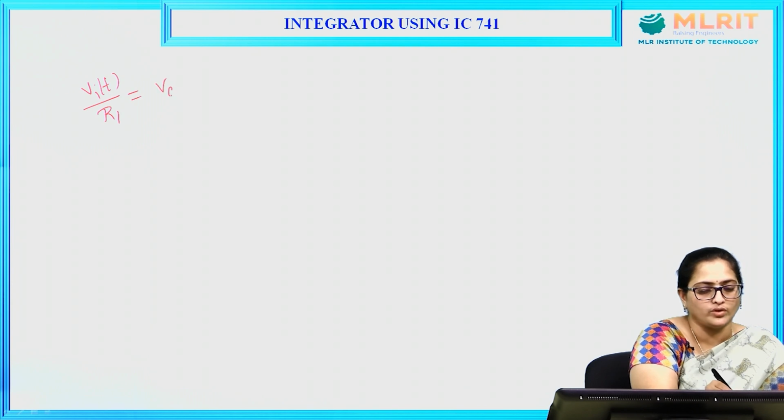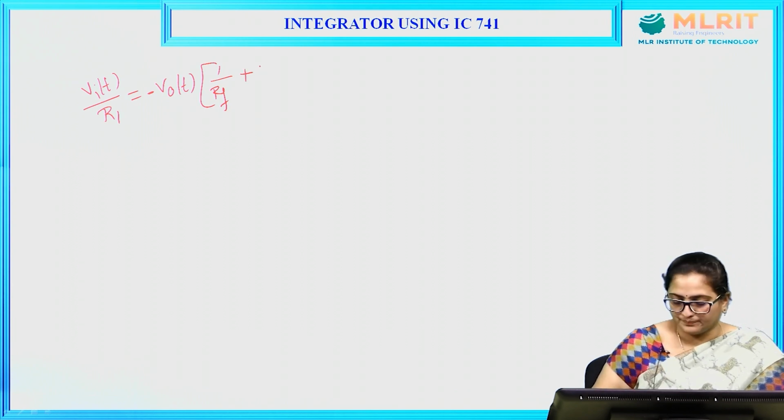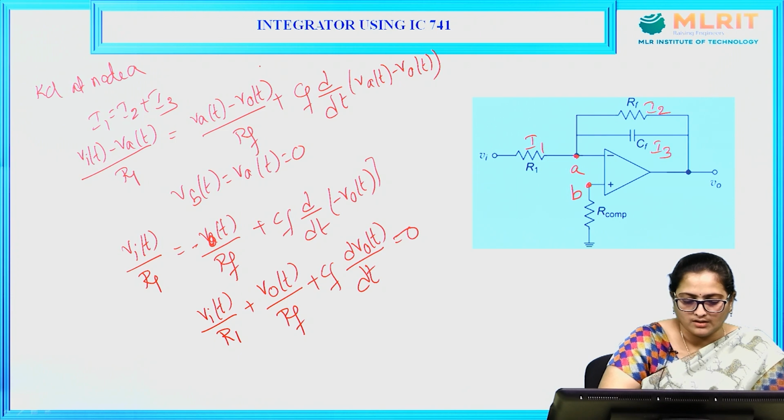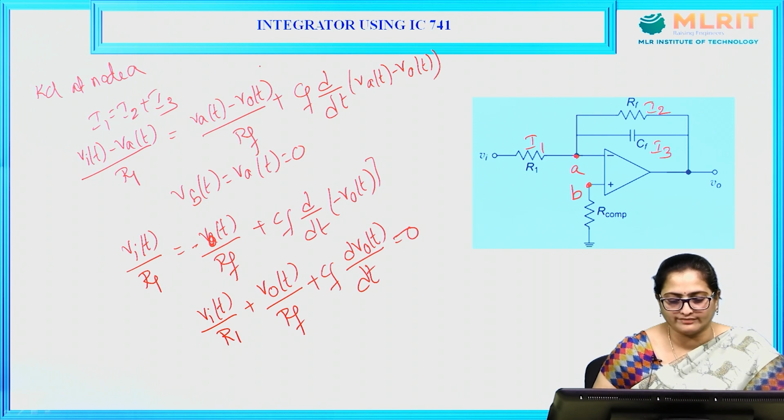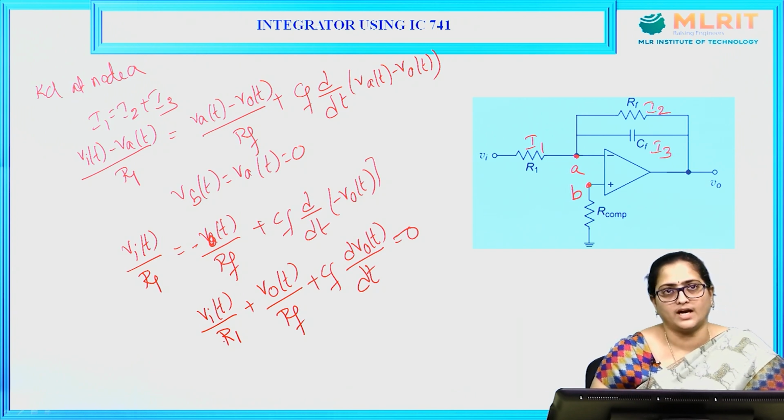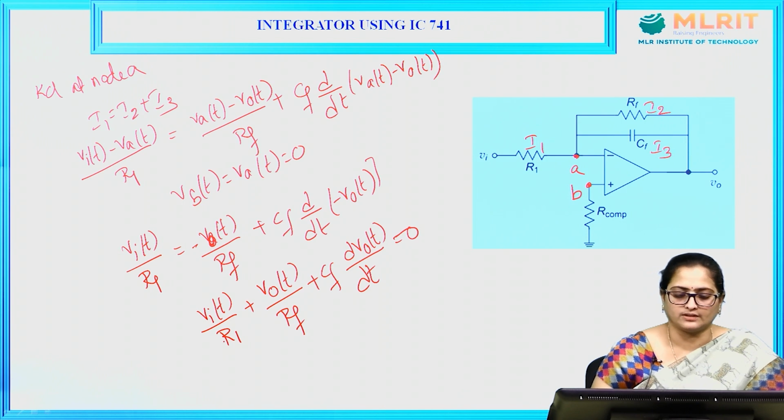I have taken the 1 by RF and the CF term to the RHS, and you can write it as Vi of t divided by R1 plus V naught of t divided by RF plus CF into dV naught of t by dt, which is equal to 0.